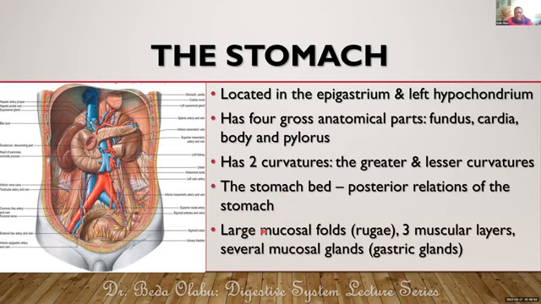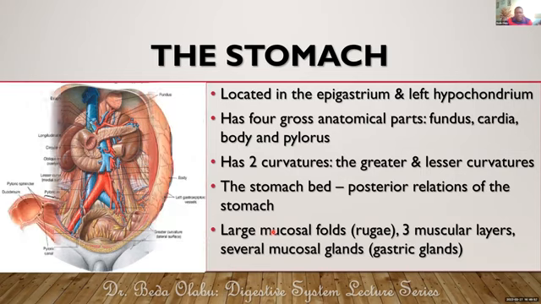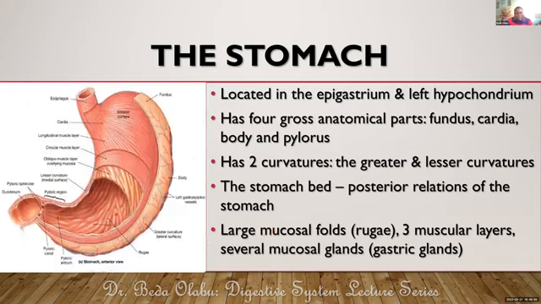There are some large folds of the mucosa of the stomach. We call them rugae. So these rugae are large mucosal folds of the stomach, very characteristic of the stomach. Anything else that is unique that I want to mention is this one.